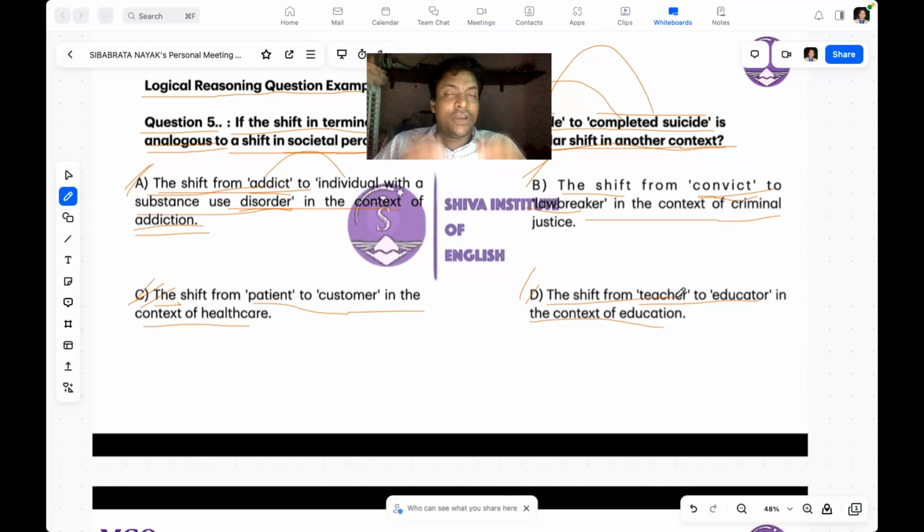It may have very small differences in meaning, but does not carry the same weight as the person-first language shift in option A. So hence we could find that B, C, D are not suitable options for the question given in question 5. Option A is the most appropriate answer because of the explanation that has been pointed out, isn't it? So that's all.